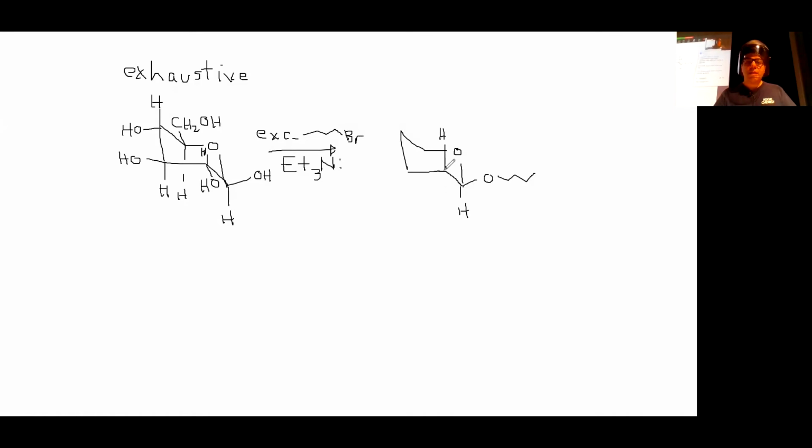And I would expect to get a product with all of those OH groups having been converted to ethers. 1, 2, 3, 4. And we have hydrogen up here. Instead of OH, it's O-butyl. 1, 2, 3, 4. Oxygen, 1, 2, 3, 4.